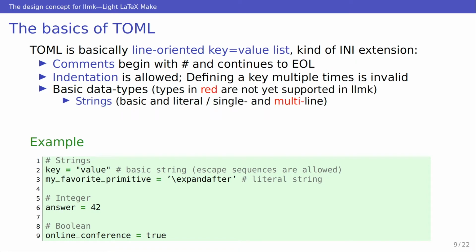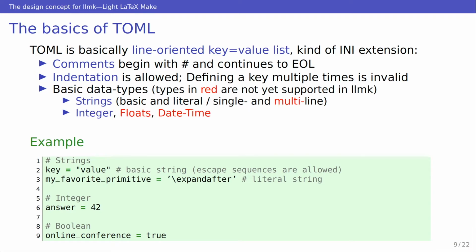It has several basic data types, like strings, which come as basic and literal ones. In the double quotation, you can use escape sequences, but in the single quotation literal string, you can't. It is like the verb command of LaTeX, as you may know.